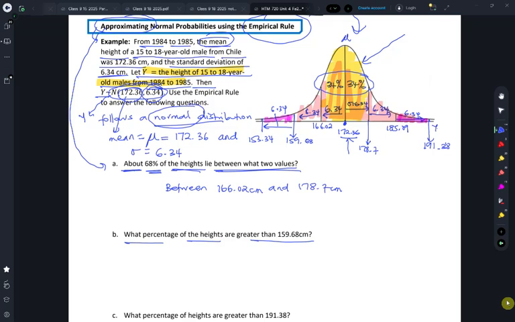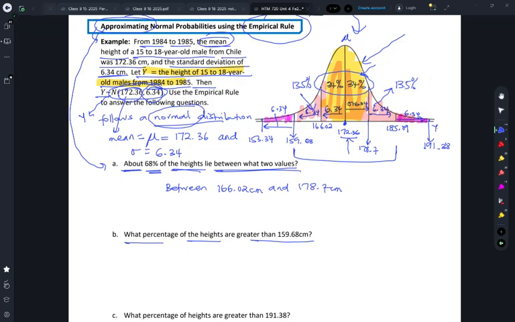Well, we can tell from what we have done so far that 68% is concentrated within one standard deviation above and below, 95% between two standard deviations above and below the mean. So that means 95% minus 68% would be a total of 27%. Divided by 2, we have 13.5% and 13.5% here.